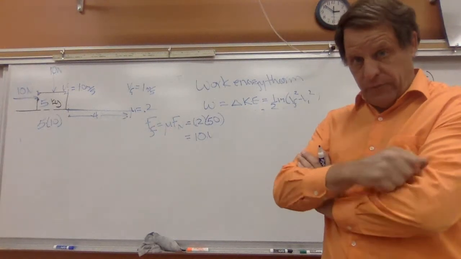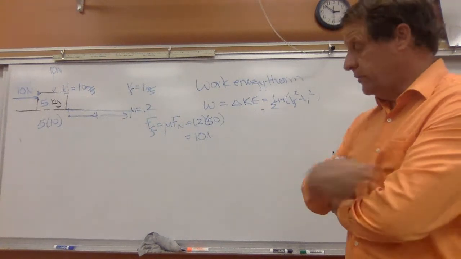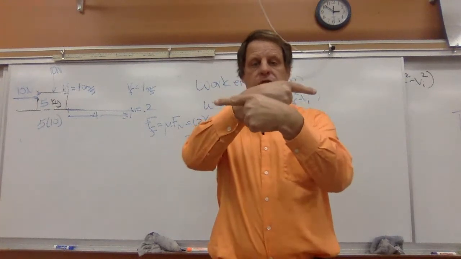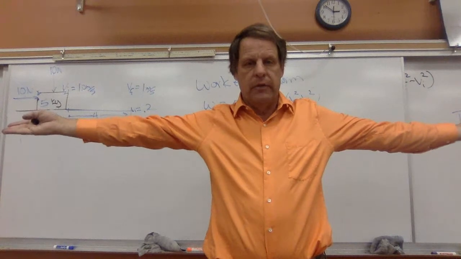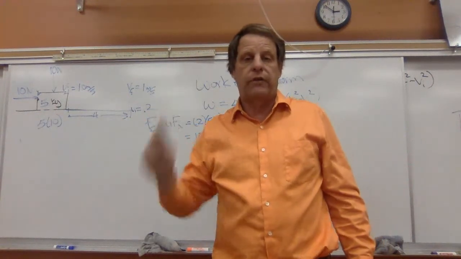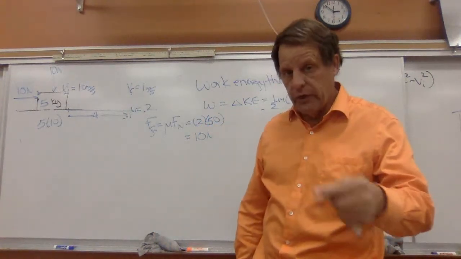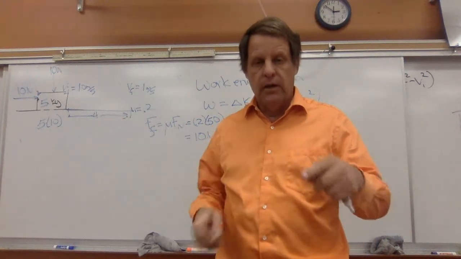And the answer is it did negative 40 joules of work, because friction is working in the opposite direction of displacement, okay? Therefore, the angle between them is 180. And if we use the definition of work is equal to force times distance times the cosine of the angle, we're going to end up with negative 40.